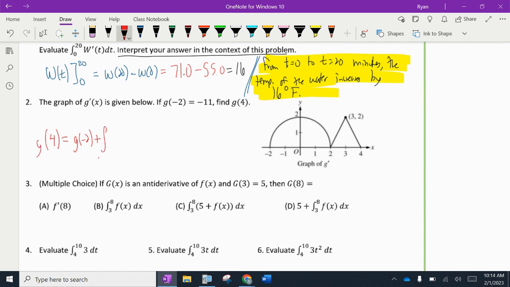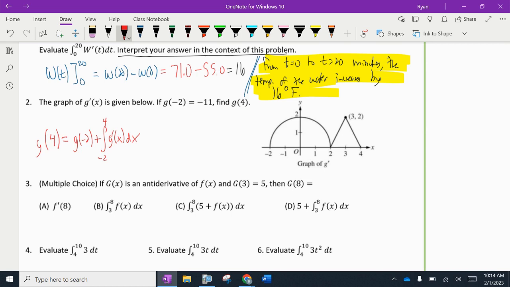They were chosen because I know where we're starting. I know the y value at x equals -2, and I want to find it when x equals 4. The accumulated change of the derivative dx. So g of 4 is equal to g of -2, where it is at, plus the change.